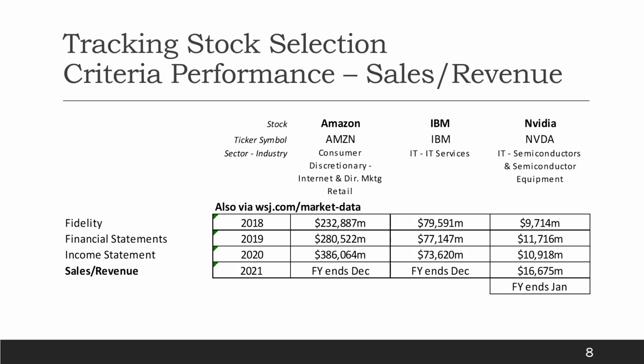This could indicate that the market is undervaluing IBM's revenue compared to NVIDIA's revenue. IBM's price per earnings ratio, PE ratio, likely is less than NVIDIA's price per earnings ratio. December 31st ends fiscal years for Amazon and IBM. January 31st ends fiscal years for NVIDIA.